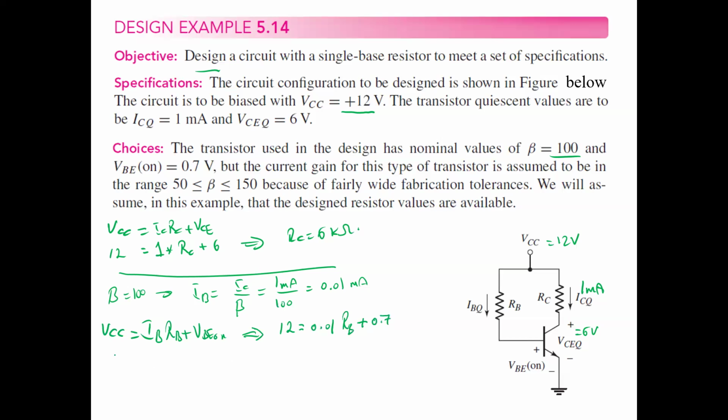So from here, we can say the value of R base equals 12 minus 0.7 volt divided by 0.01.